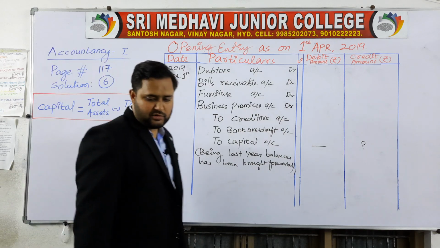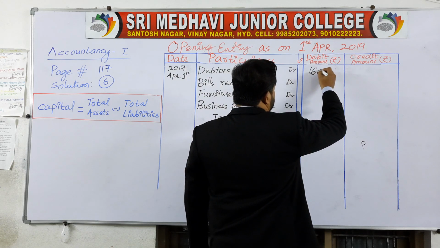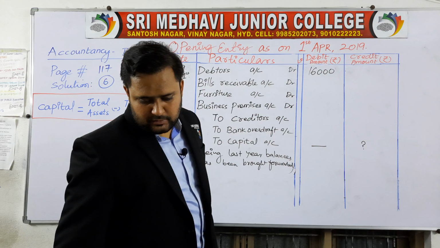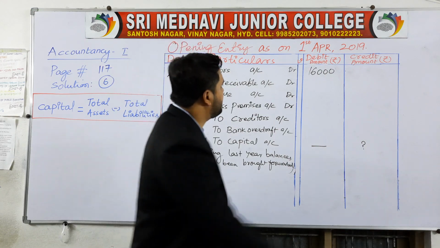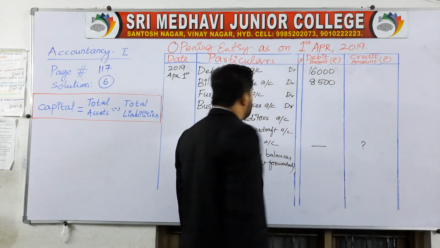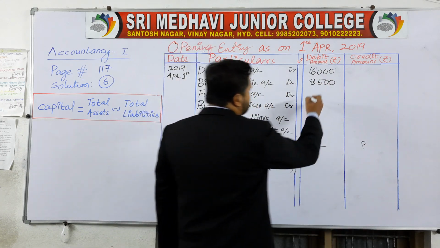Here, how much is the amount of debtors? 16,000. Bills receivable is 8,500. Furniture 4,500.